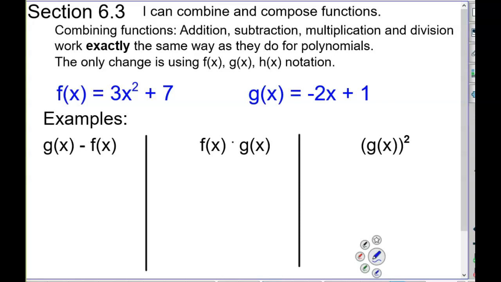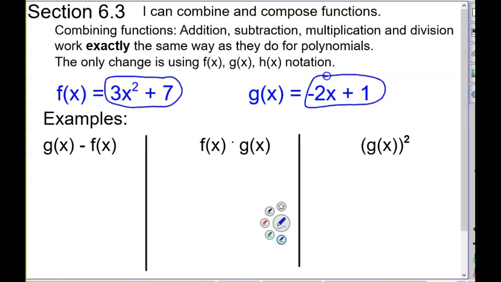I'll just set up the first one for you, just so you know exactly what to expect. But it tells me to take g minus f of x. All you're going to do is replace g with what it's equal to, and replace f with what it's equal to, and subtract.